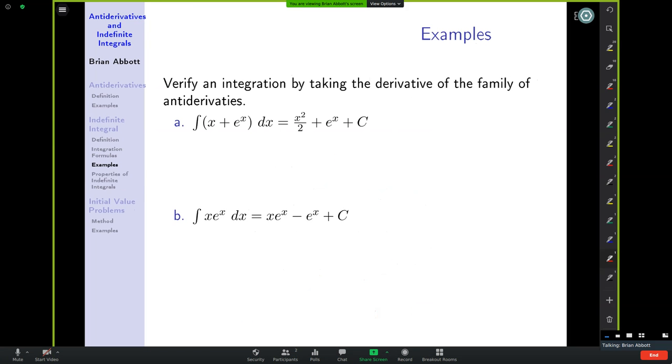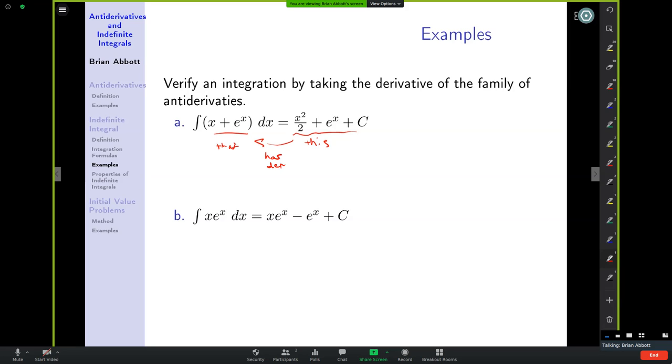Let's see, what do we got next? Okay, so let's verify an integration by taking the derivative of a family of antiderivatives. What we're going to do here is verify that this has derivative of that.